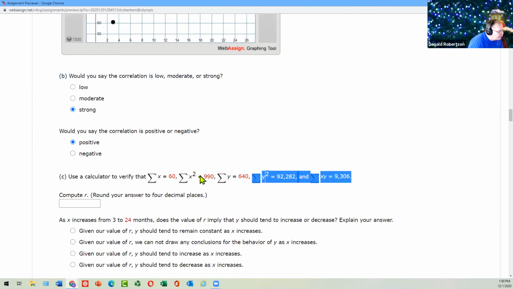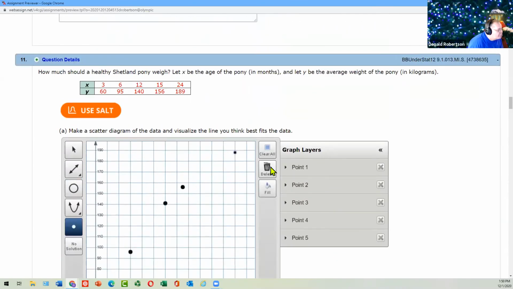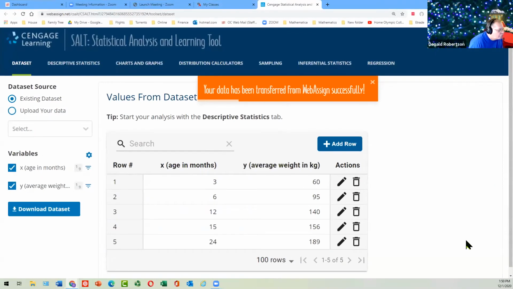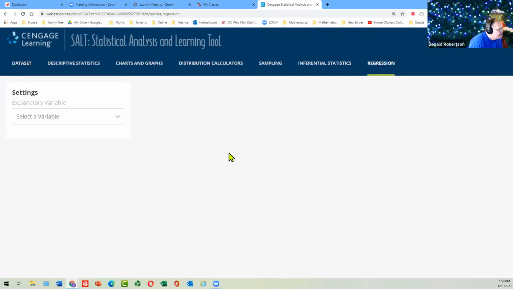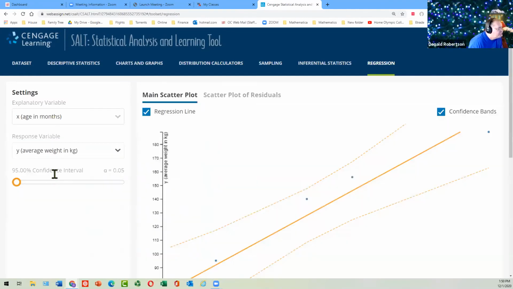Now, we are going to compute R, the correlation coefficient. They have a whole load of stuff here that you don't need. And the reason you don't need it is because SALT does it for us. So what I'm going to do is hit the SALT button. We're going to show you how you can use it to get the correlation coefficient. The one that you hit is regression. And it will say select variable, and you do X is the age and Y is the weight.